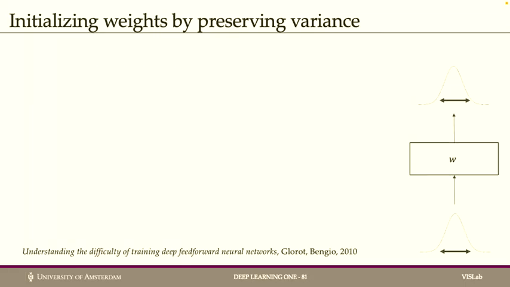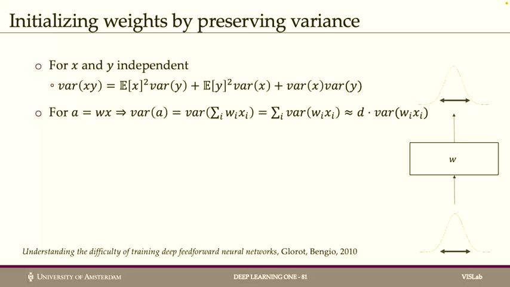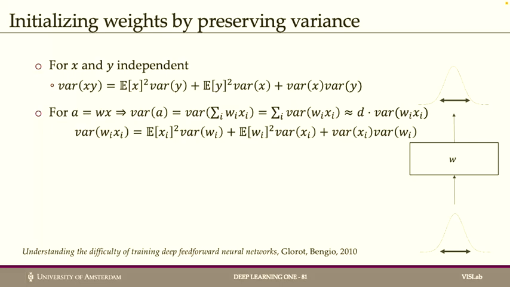And it's not particularly difficult, but it requires some mathematics. So let's take a look at such an equation. First of all, this is a formula from statistics. If you have two independent variables, the variance is given as follows. Now let's say our activation is W times X. So the variance of this one is simply, we plug in this formula, which means it's D times the variance of that.